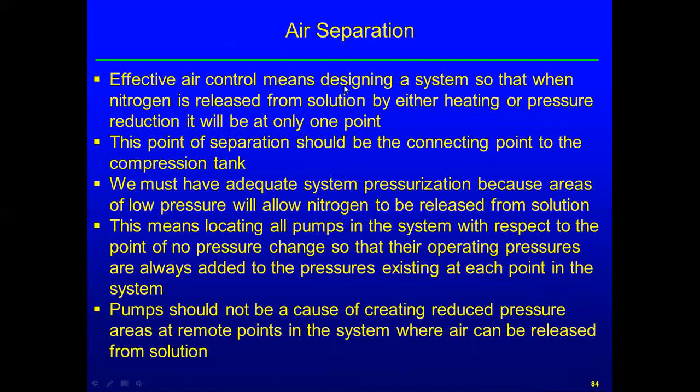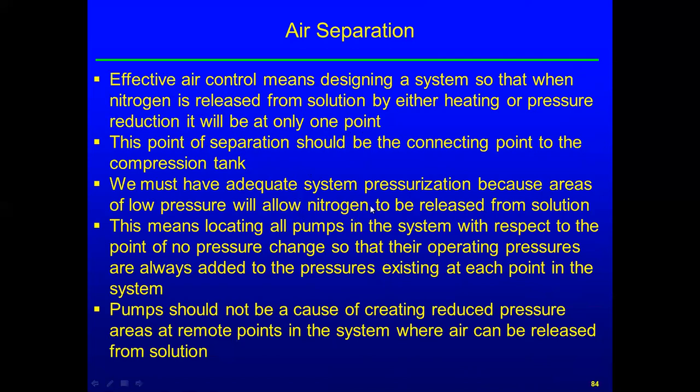Effective air control means designing a system so that when nitrogen is released from solution, either by heating or pressure reduction, it will be primarily, you can't necessarily make it all at one point, but primarily at one point. And that should be the point where the air separator is located that feeds into the compression tank.